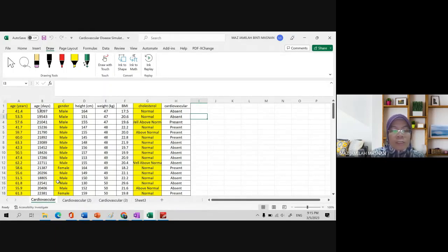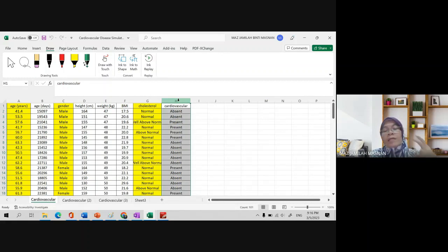Your original data is about cardiovascular patients, whereby there are several variables included in the data set, which include the age of the patient in terms of years, age in terms of days, the gender, the height, the weight, the BMI, the cholesterol level, and finally the status of cardiovascular for each individual in the dataset.